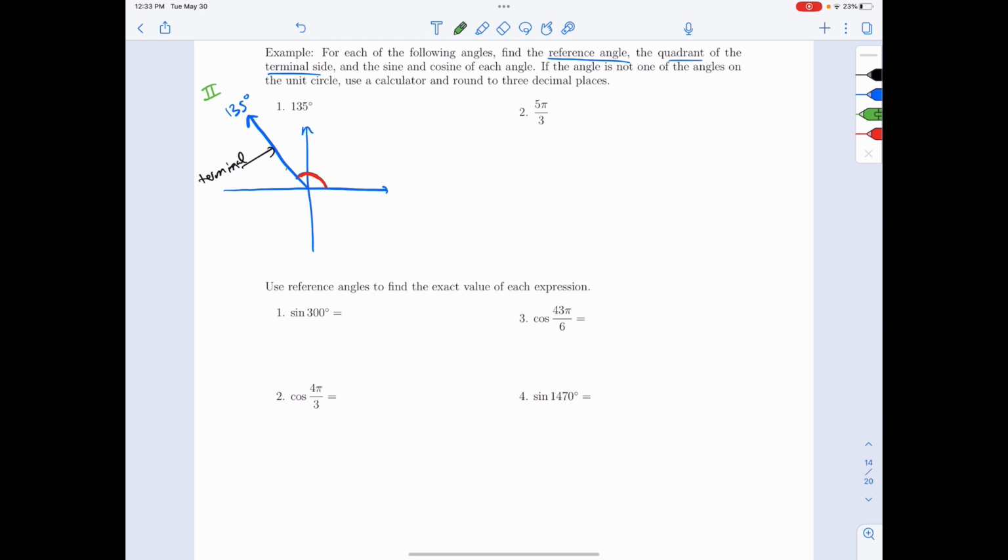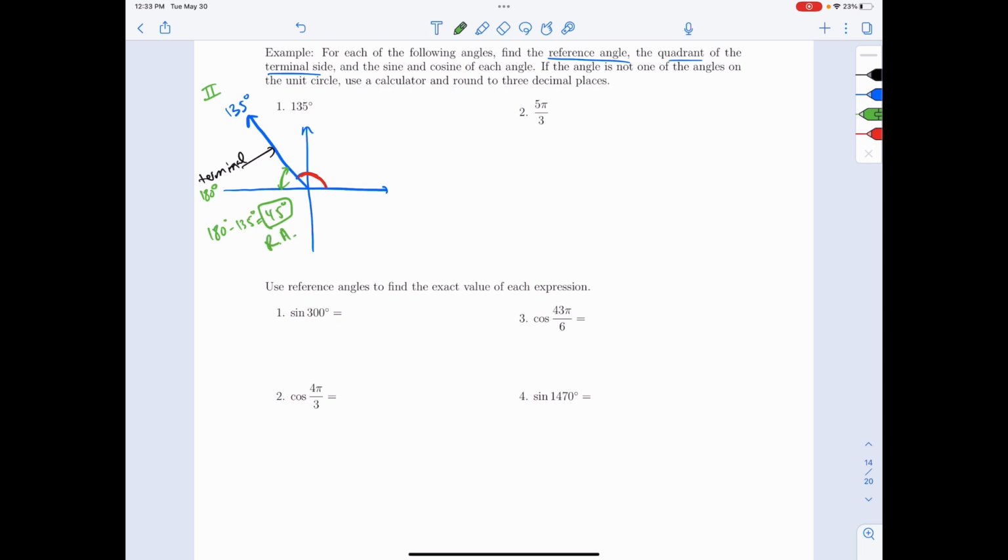The reference angle is this angle here. What angle gets us back to the x axis? If we know that this is 180 degrees, 180 minus 135 is 45 degrees. So that's the reference angle. I can put RA here.